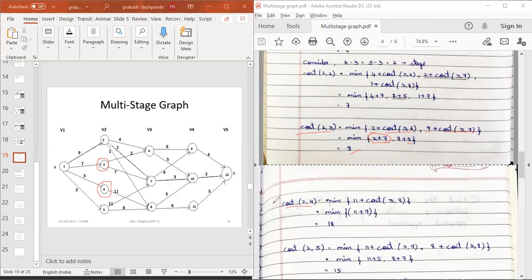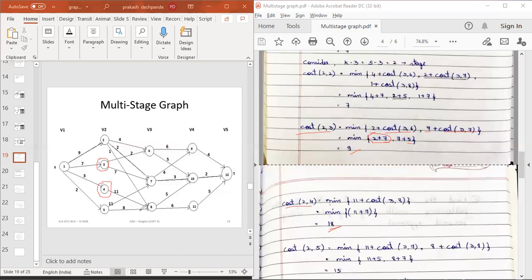So 11, that is the cost of this edge, plus cost of 3 comma 8. Cost of 3 comma 8 that we calculated in the previous stage was 7. So 11 plus 7, we get 18 here. That is 18 is the cost of 2 comma 4. From this particular second stage vertex 4, if I want to reach the destination, it will cost me 18.